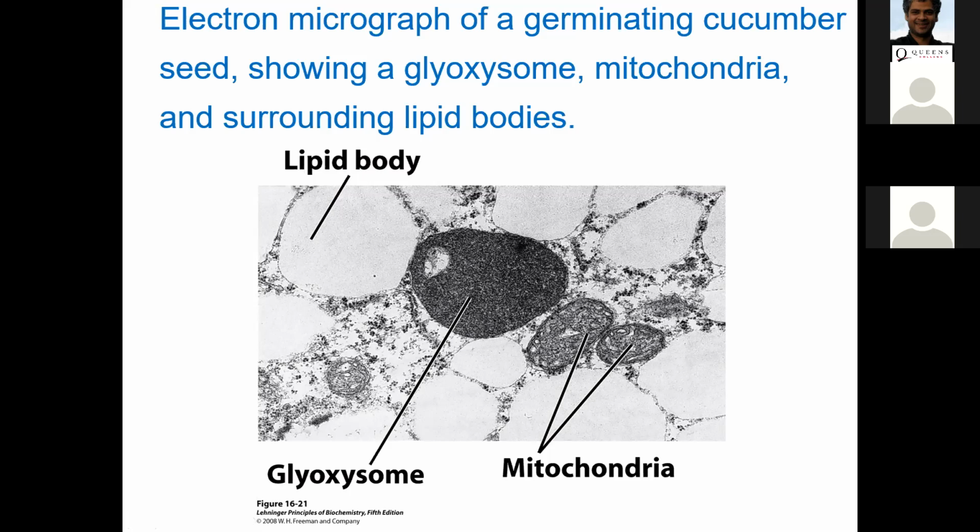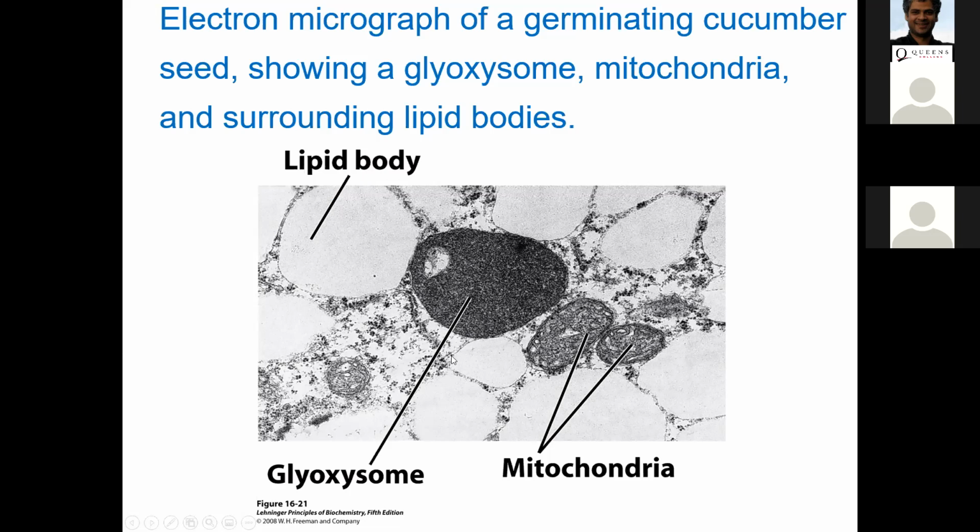And you can stain mitochondria. I mean, this is not an antibody-based staining. This is just electron micrograph. They have stained it with some heavy metals, etc. But what you'll notice is very fascinating. You do see multiple copies of mitochondria, right? But you see glyoxysomes sandwiched between the lipid body and mitochondria.